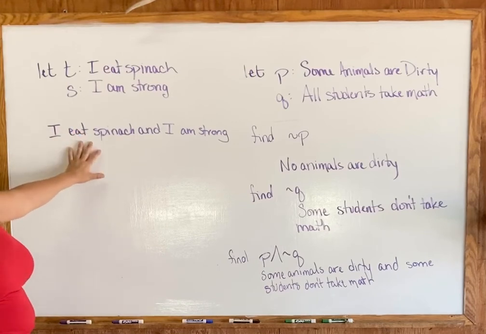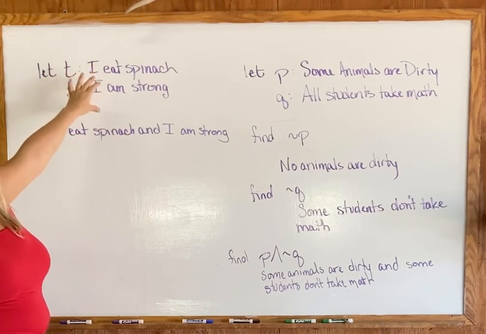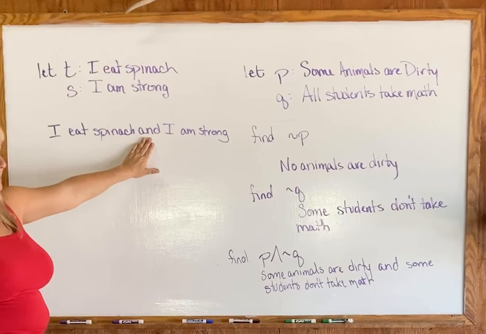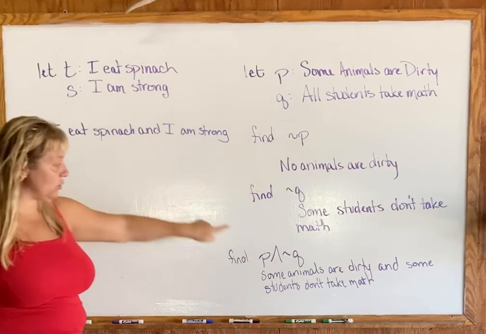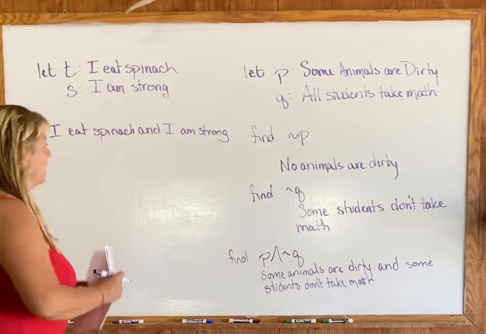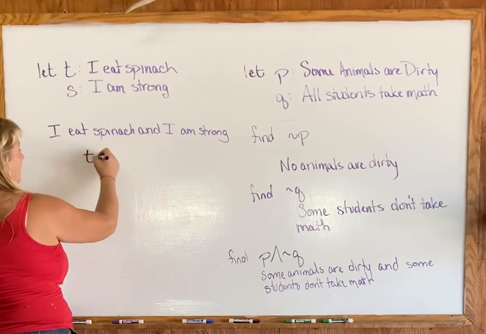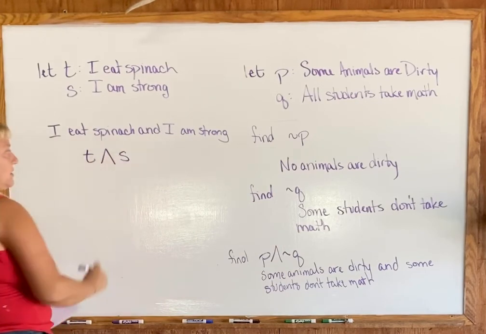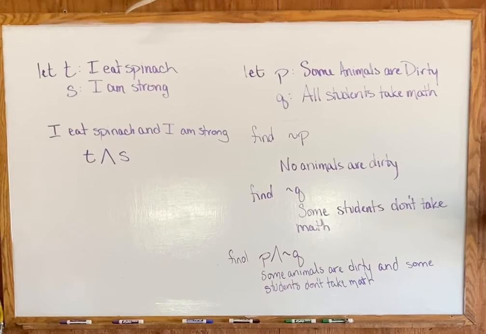All right, now in this statement, we have both of the above statements, right? With the word and. So and means we're using this notation, right? So we want T and S. Okay, so can you go from the sentence to the mathematical statement?